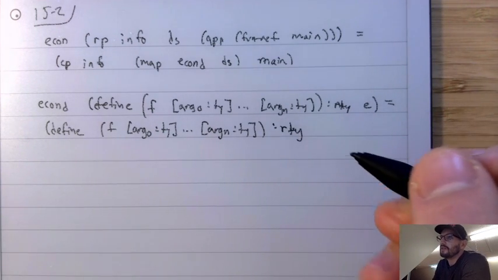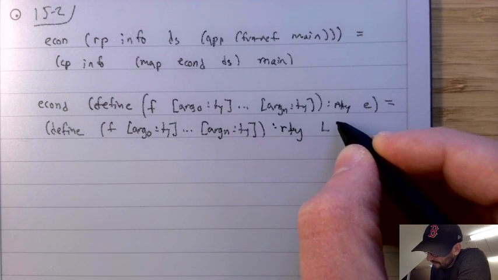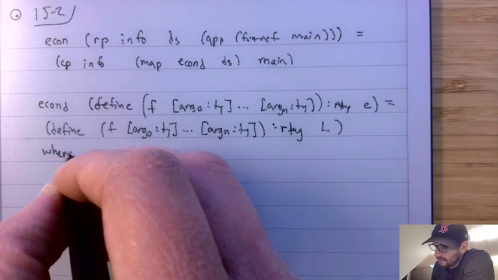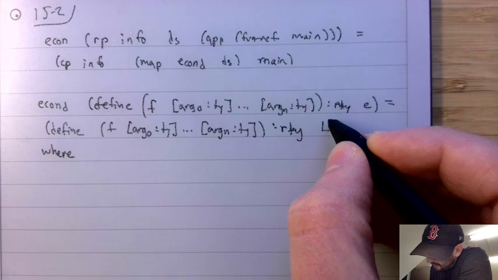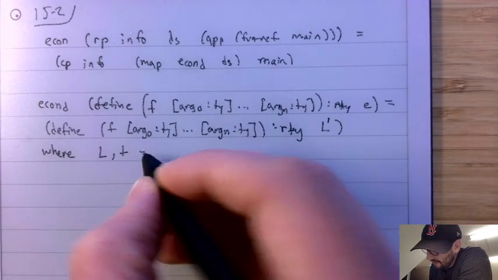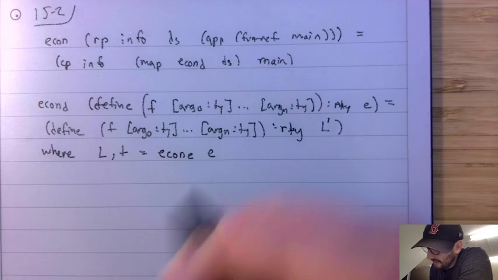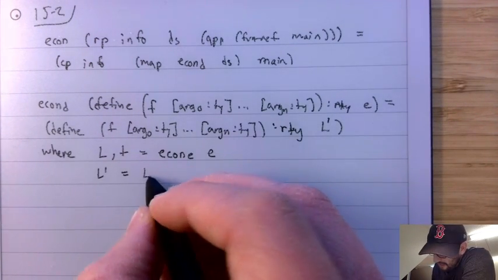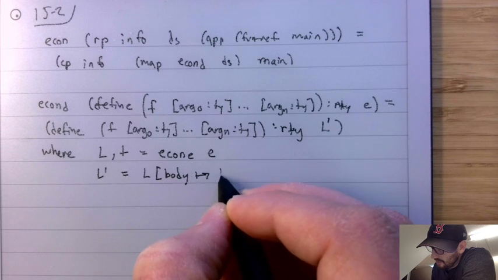But now what we're going to do is we're going to return the L mapping. And the L mapping is going to be the result where we say that, the L mapping prime. So we'll get L and T from calling econ E of E, and L prime will just be equal to L, where we expand it with a mapping from body to the tail.